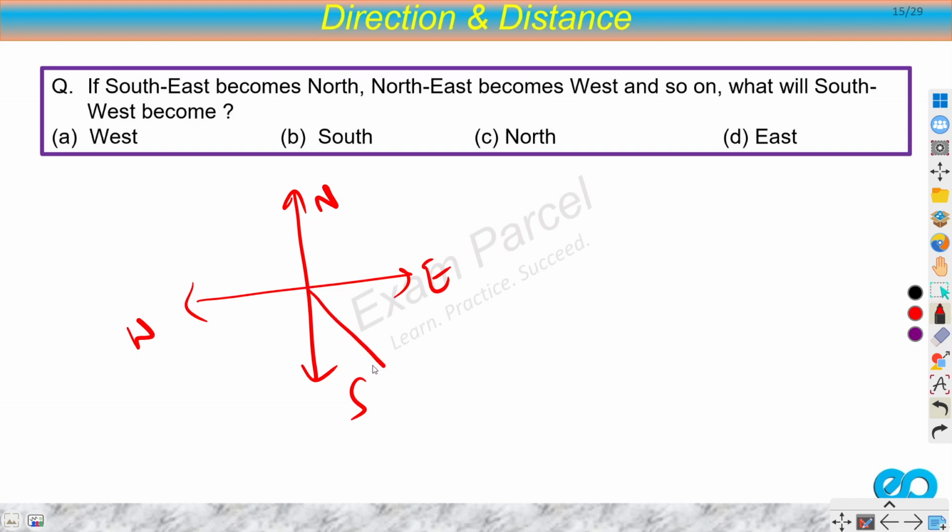Okay, if southeast becomes north, so if this direction becomes north, you are going in this direction, right? And how many degrees? 45 here and 90 here, so 135 degrees, and you are moving anti-clockwise.